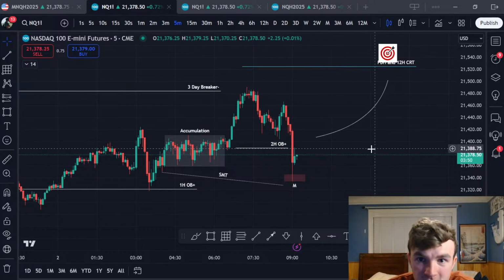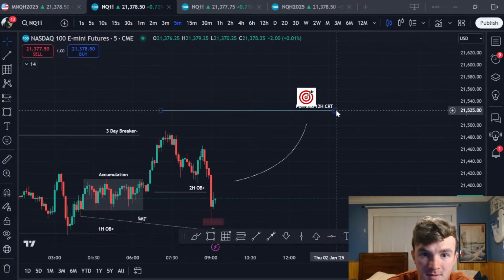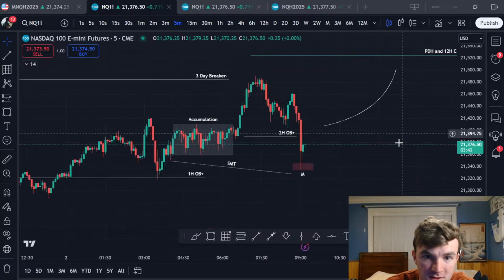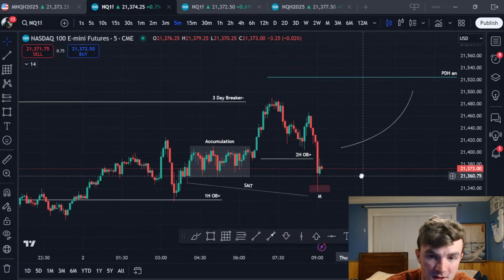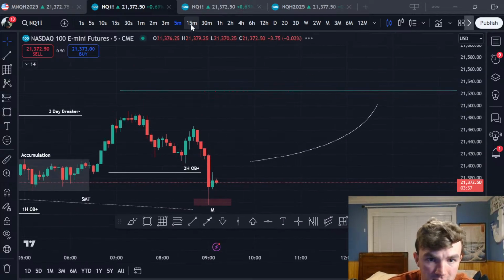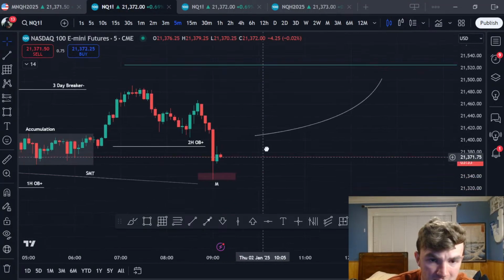I think if we get this inversion though, this could be fair game to take a copy trade, just go for 1-1 off this inversion if we get it. It's a 5-minute CRT.